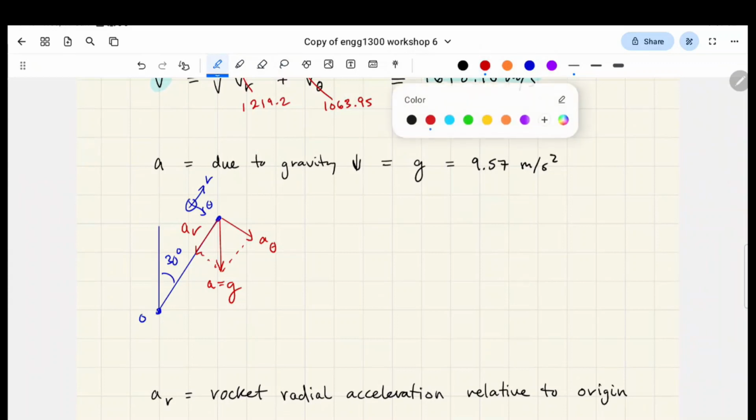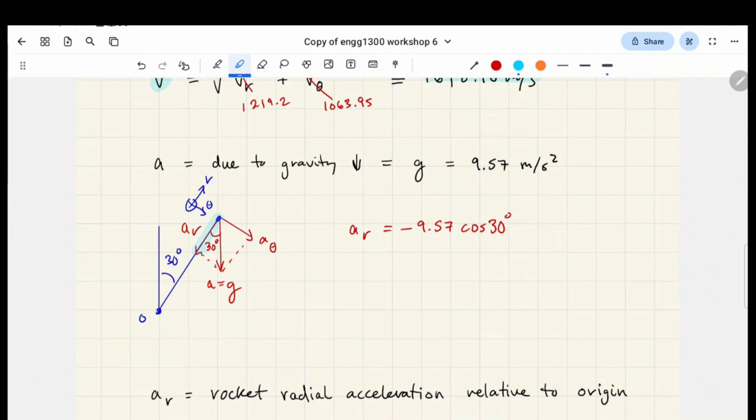So essentially, AR is gravity cosine 30. That's 30 degrees here. Cosine because it's that one, and our positive R direction was acting away from our satellite, so that's negative.